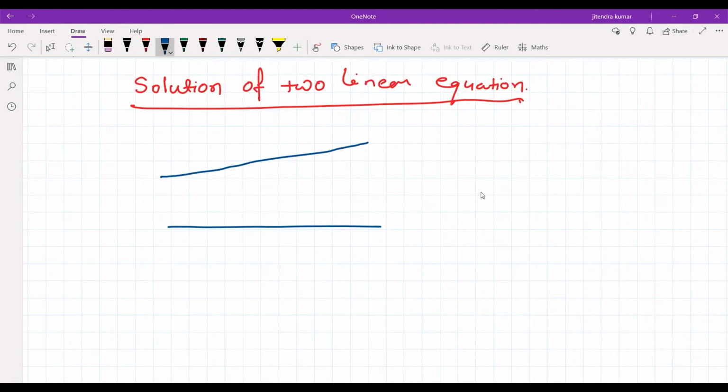Between the two lines, there are three possibilities. Case one: either both lines will intersect each other somewhere, cutting each other at a point.